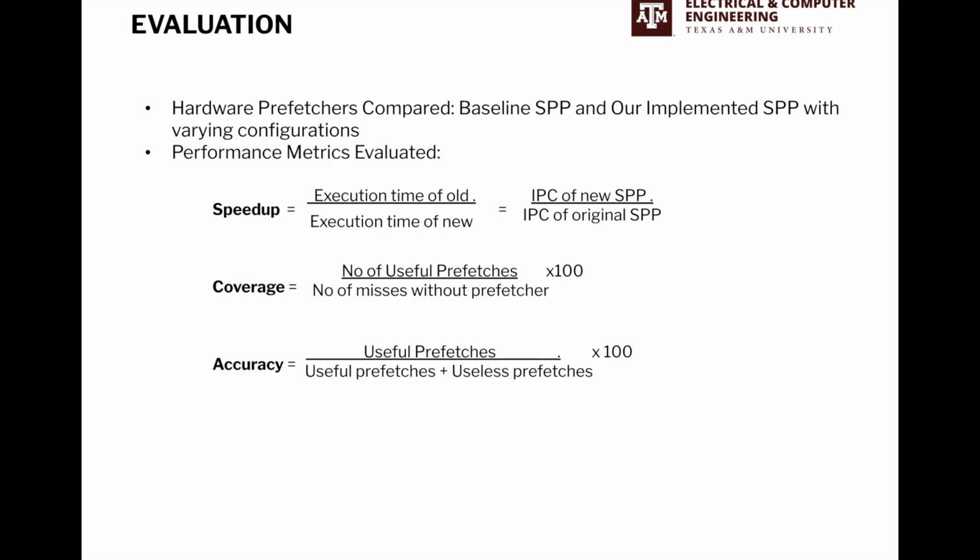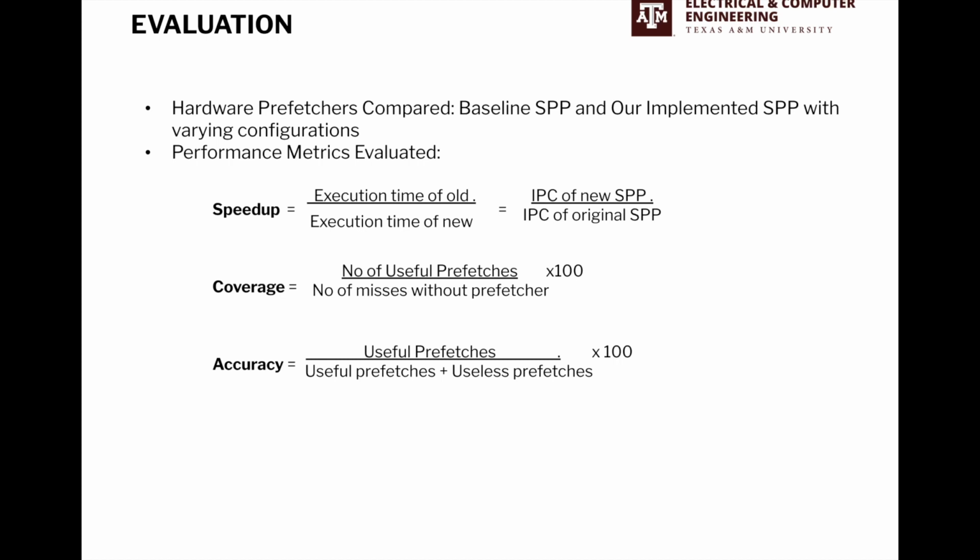For evaluation, we have compared the existing baseline SPP with our current implementation by varying different configurations. For this, we have considered the following performance metrics. Speedup is defined as the IPC of the new to the original implementation, where a higher speedup indicates the effectiveness of the prefetcher.